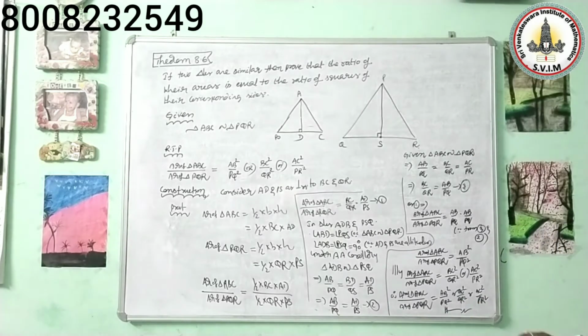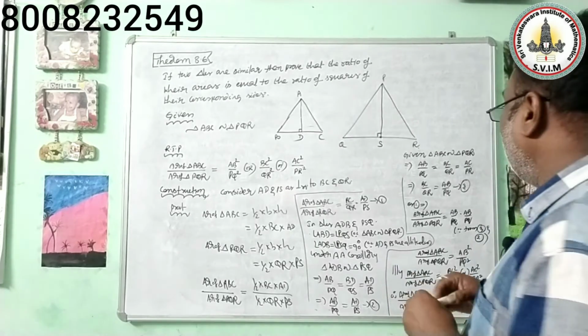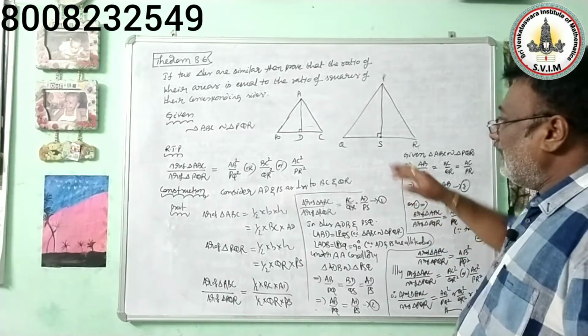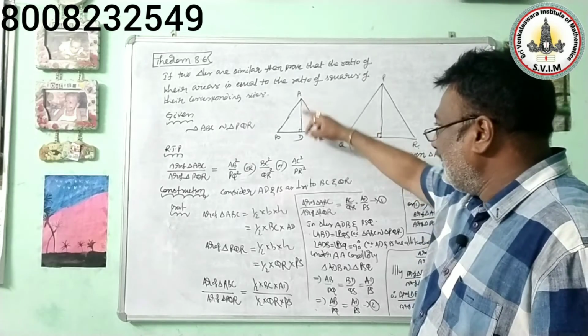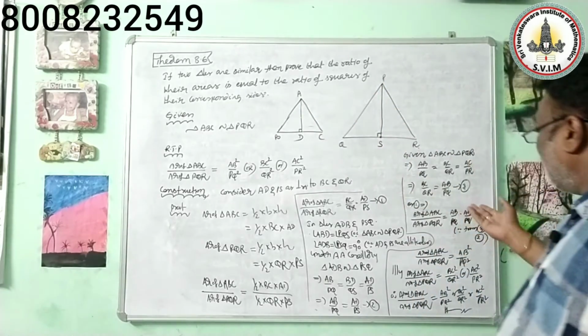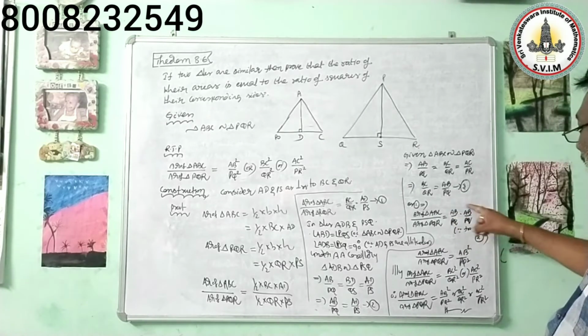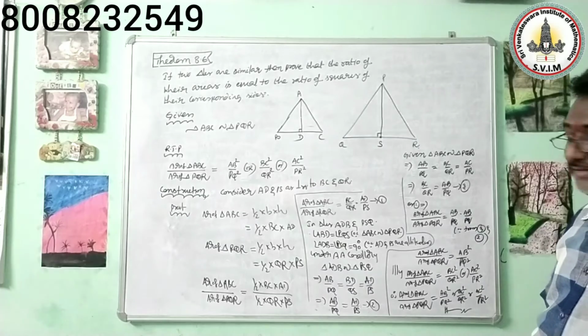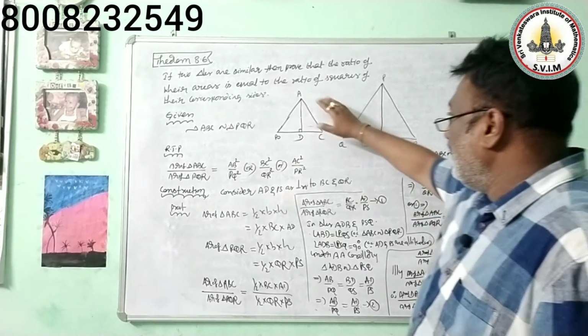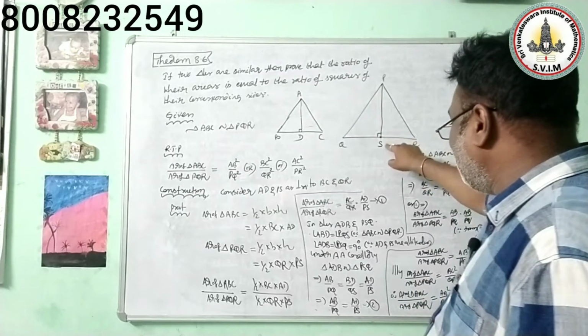That's all. Listen to me, just one thing you need to remember. One more time I am saying this information. Whenever you take the altitudes AD and PS, it is useful, that means you prove AB square by PQ square. Okay, observe one more time.